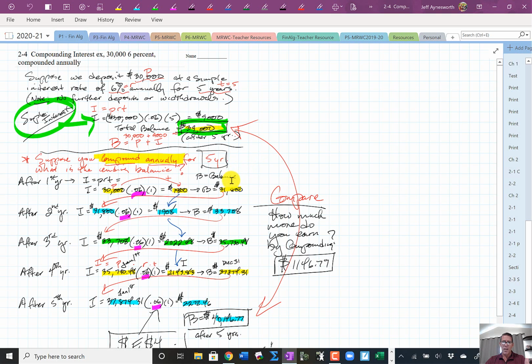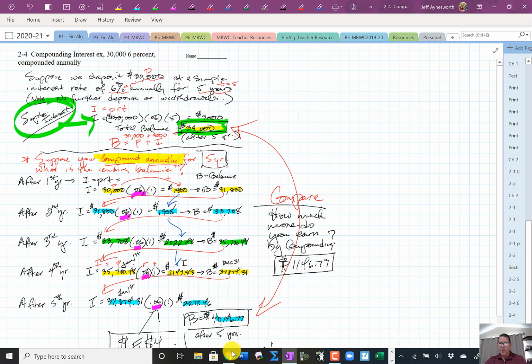So I showed how money grows if you compound it annually, starting off with $30,000 at 6%. We found the ending balance was $40,146.77, compared to $39,000 if you just let it sit in a simple interest account.